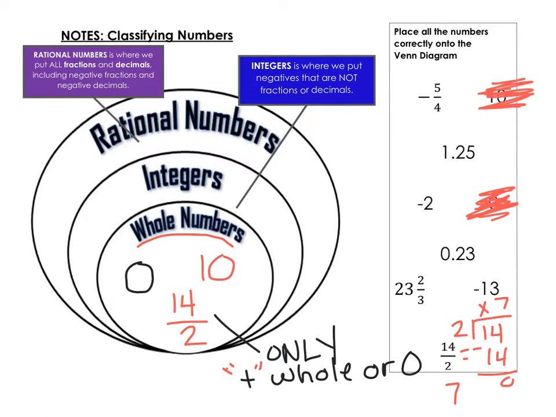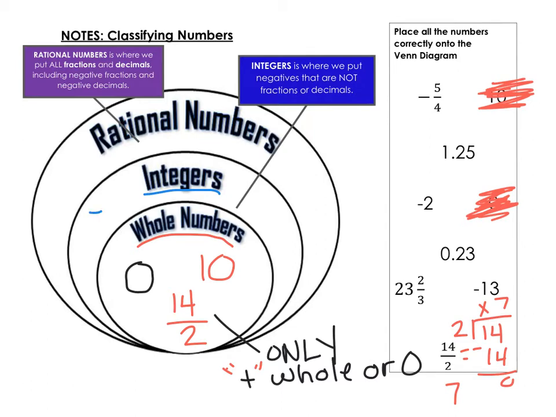Now we're going to put down our integers. Remember, integers is where we put negatives that are not fractions or decimals. Yes, integers are positive and negative whole numbers, but right now we're just going to put the negative wholes in this section here. So we have -5/4. Although it's negative, it's not whole, so we would not put that in our integer one. 1.25 is not whole. -2 is negative and it's whole.